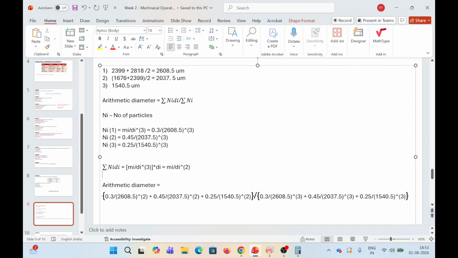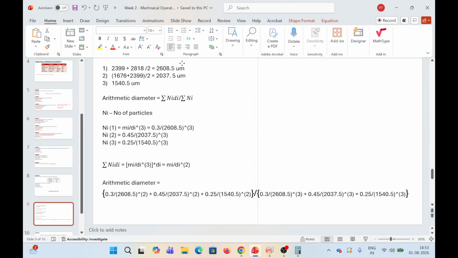If you do this calculation, you will be able to get the final answer. Can you just quickly solve this problem and let me know what the final answer is?